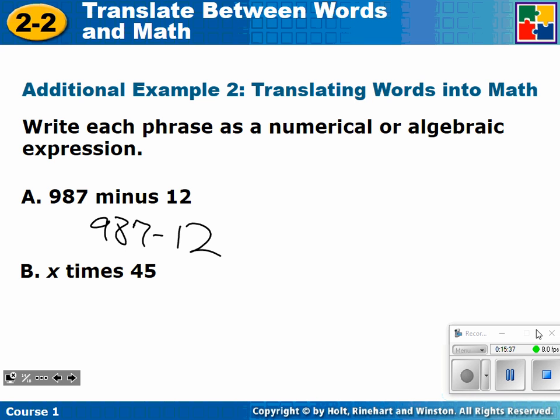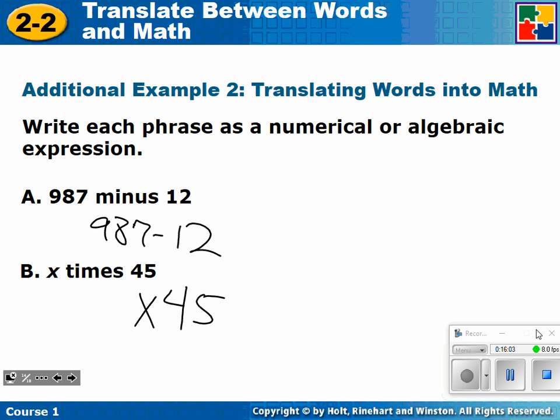Okay? X times 45. I'm willing to bet a Twix bar that somebody tomorrow will come here with this. As many times as I've said it, I'm willing to bet someone would do that.